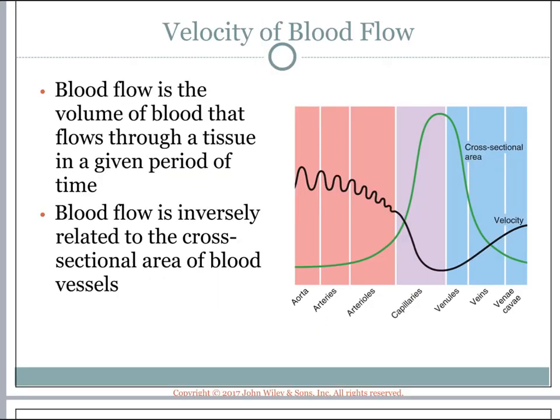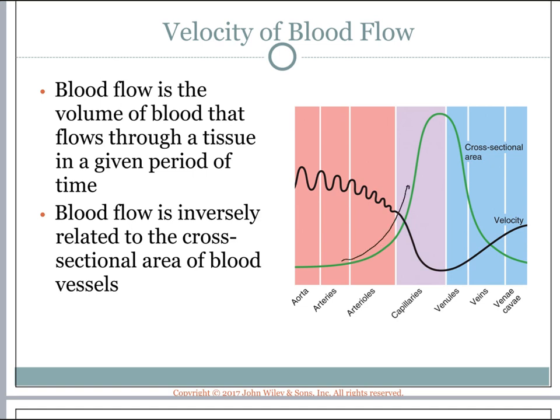Let's use a chart to discuss velocity of blood flow, right? And the cross-sectional area of the blood vessel. So blood flow is the volume of blood that flows through a tissue in a given period of time. Now, the interesting note is that blood flow is inversely related to the cross-sectional area of the blood vessel, meaning the aorta has a relatively low cross-sectional area compared to the capillary bed.